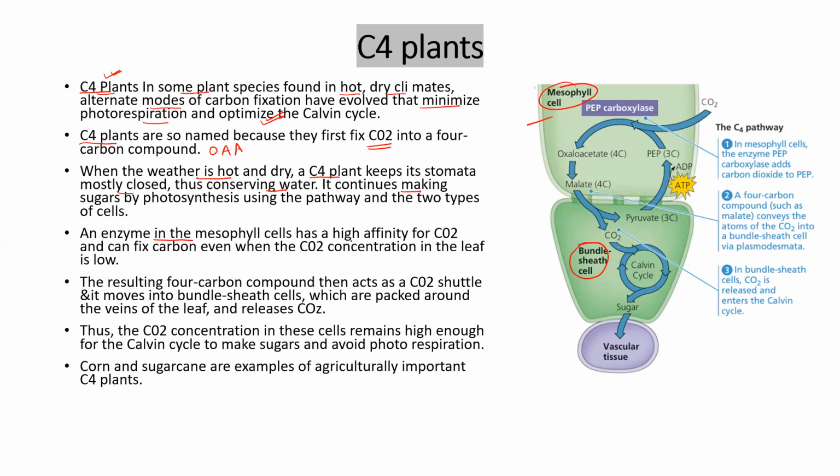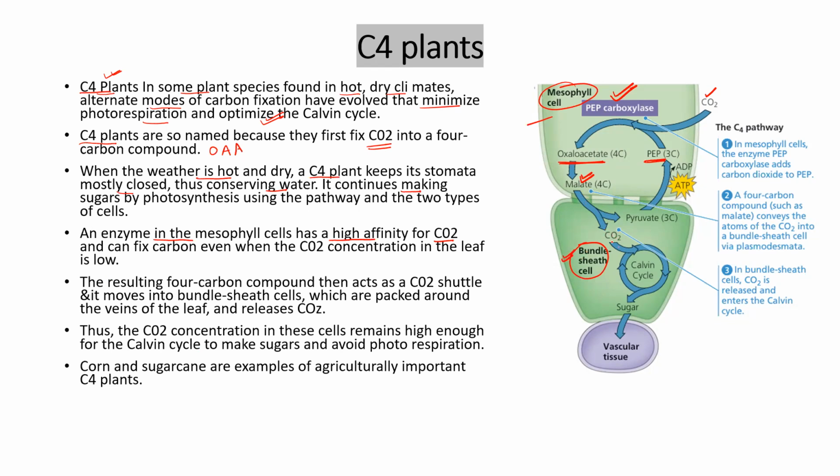An enzyme in the mesophyll cell, that is PEPcase, has very high affinity for carbon dioxide. So here what is going on? This enzyme PEPcase, which has very high affinity for carbon dioxide, will combine with a 3-carbon compound, that is phosphoenolpyruvate, to form oxaloacetic acid, which is then changed to malic acid or aspartic acid and is transported to the bundle sheath cell.